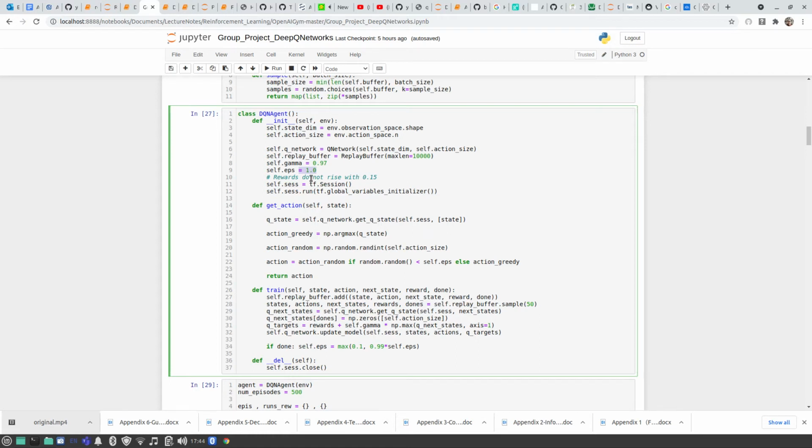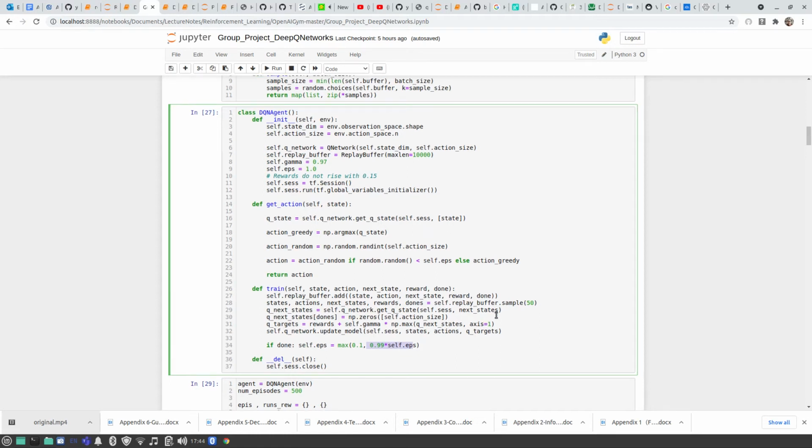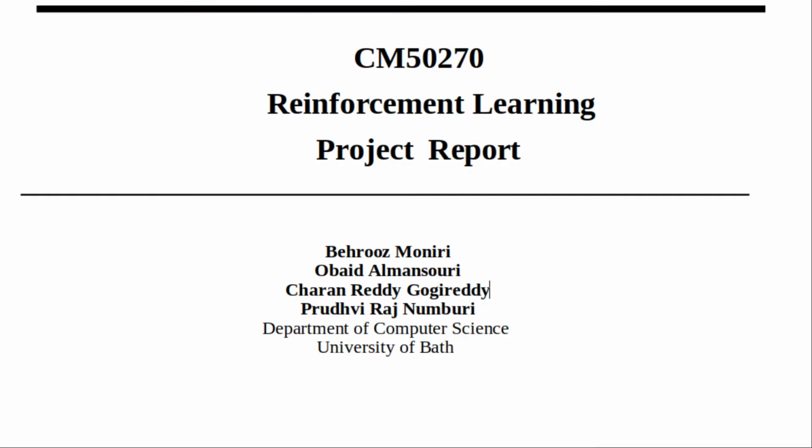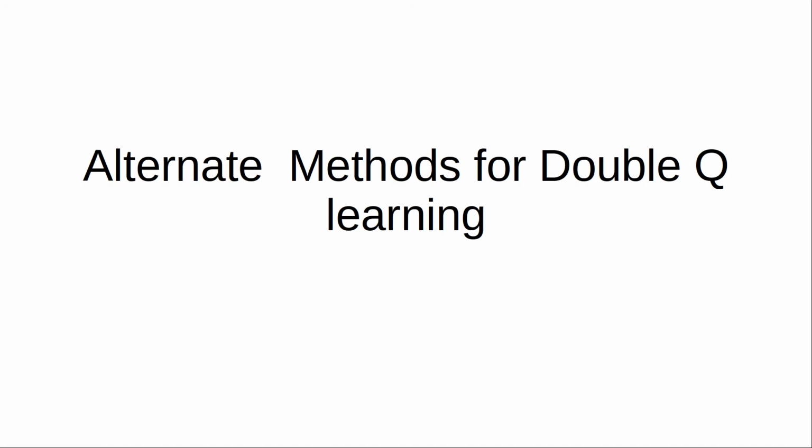So the exploration is high at the beginning of the game, with the epsilon of 1, and it's automatically reduced so that the exploitation rate starts to increase as the game continues.